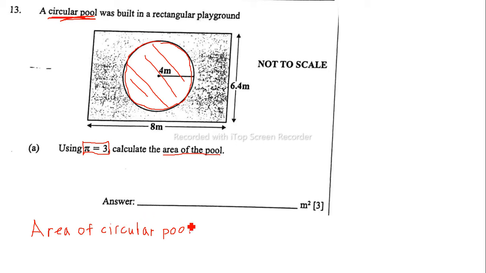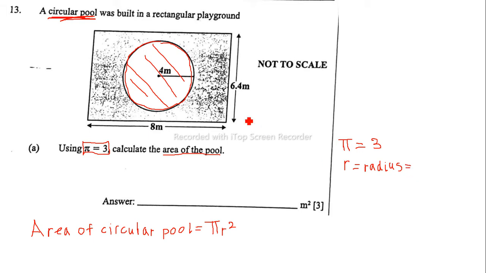So the area of the circular pool is going to be equal to, we know, pi times r squared. First of all, pi is equal to 3, like they tell us. And r is just the radius. The radius is half the diameter, or half the length of the circle from end to end.